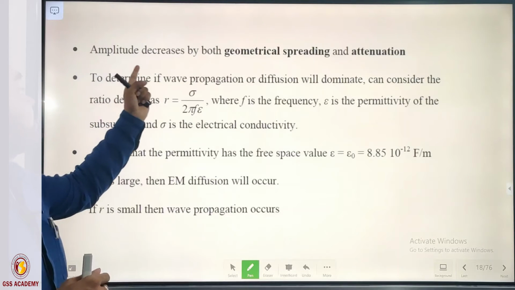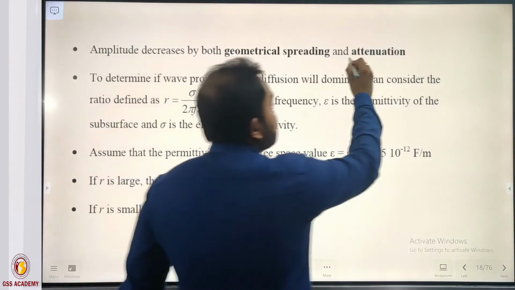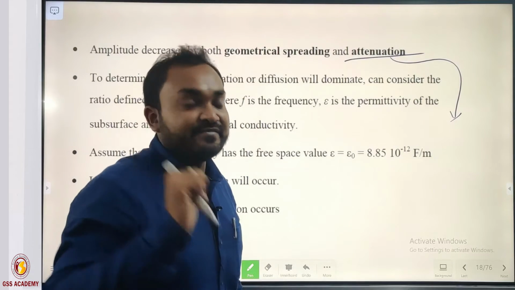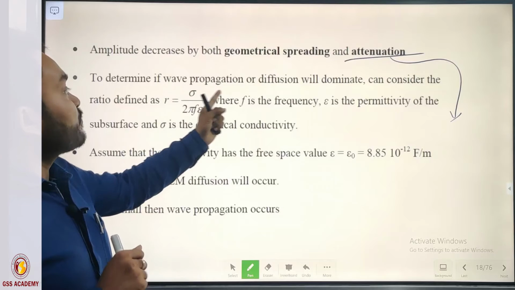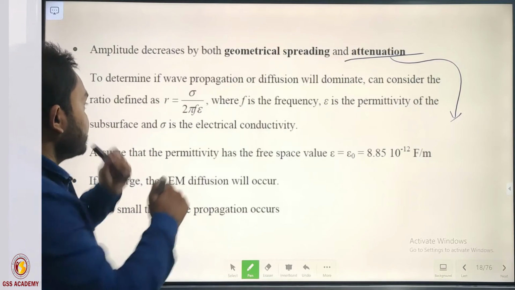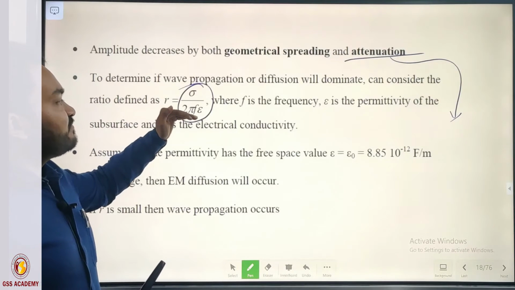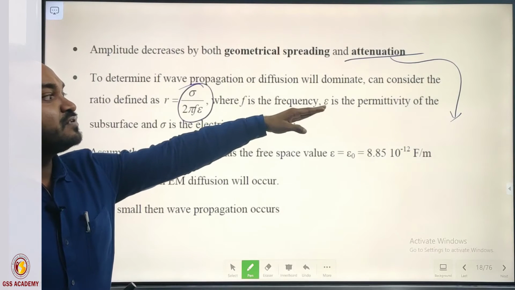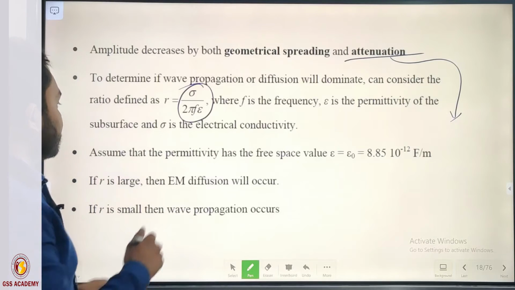Next, the amplitude decreases by both geometrical spreading and attenuation. Attenuation is due to the heat effect basically. To determine if wave propagation or diffusion will dominate, we can consider the ratio R equal to sigma by 2 pi f epsilon, where f is the frequency, epsilon is the permittivity of the subsurface, and sigma is the electrical conductivity.